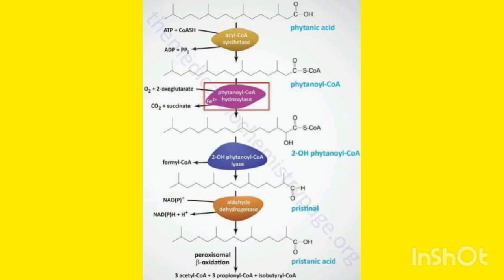Remember alpha oxidation of phytanic acid. This does not occur in Refsum disease, and that is why you get the disease.